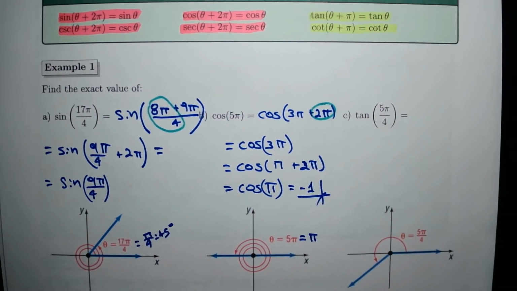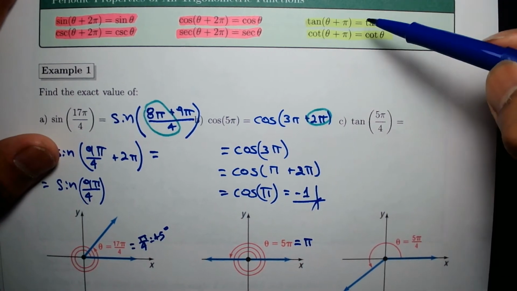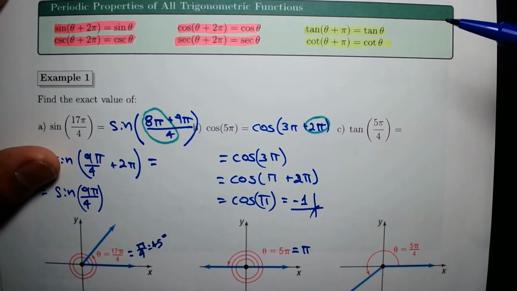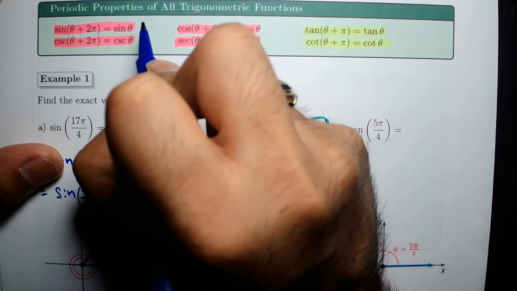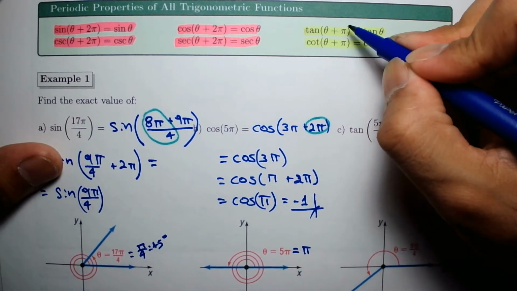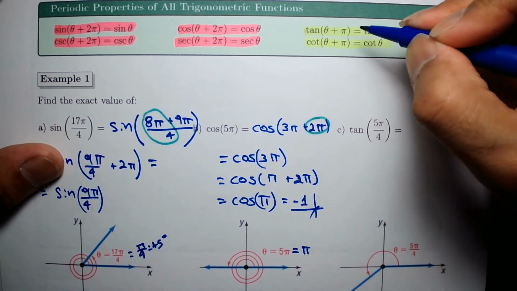All right, let's do an example with tangent, but be careful with the tangent one because the period for the tangent function is not 2 pi as opposed to the other functions. In this case, tangent and its co-function, cotangent, have a period of pi.